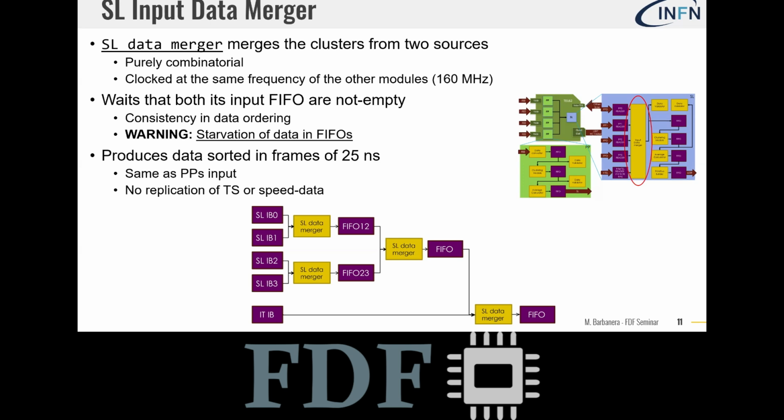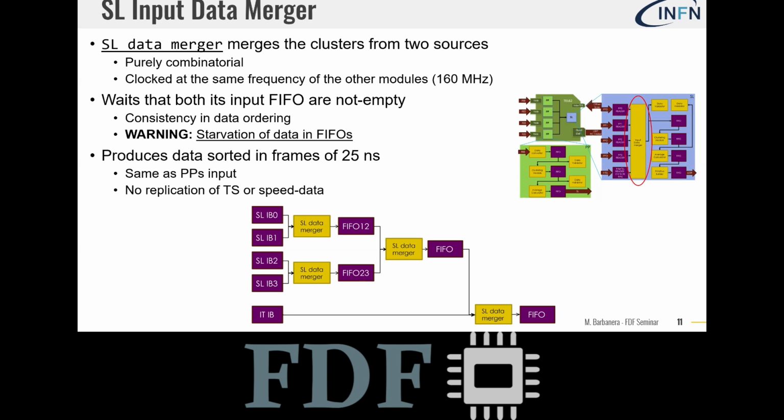To merge the 2 fluxes, each one of these blocks reads 2 FIFOs in input and orders data down to 25 nanoseconds. So if the 2 FIFOs are not empty, it just reads the FIFO with the smallest time. If one of them is empty and the other one is not, this can lead to starvation of the data in the FIFOs. And this is where the fake data helps.